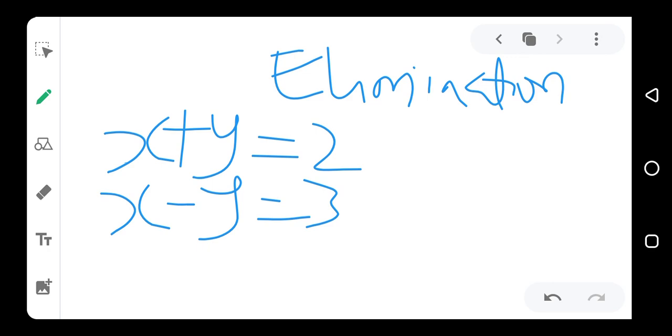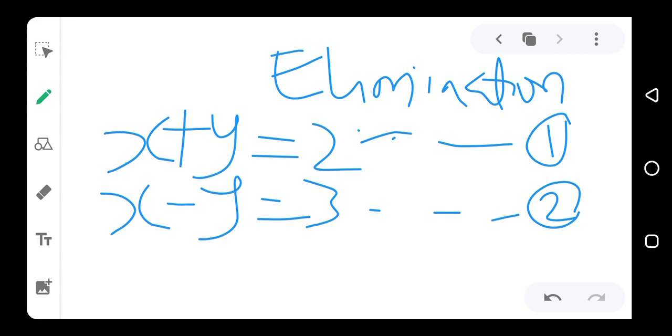Now let's call this one equation 1 and call the other one equation 2. Now, what can we do to make one of the unknowns not exist? We can make x or y not exist.